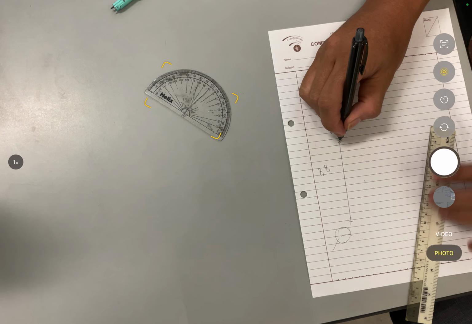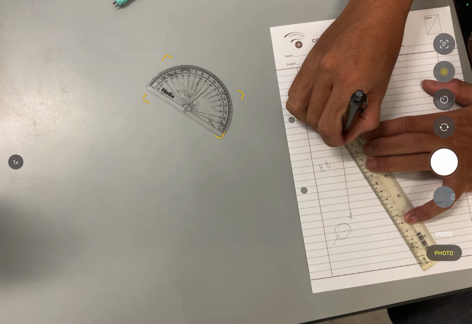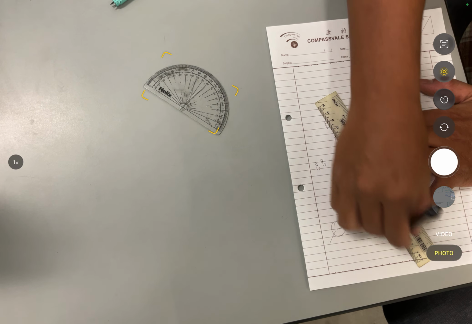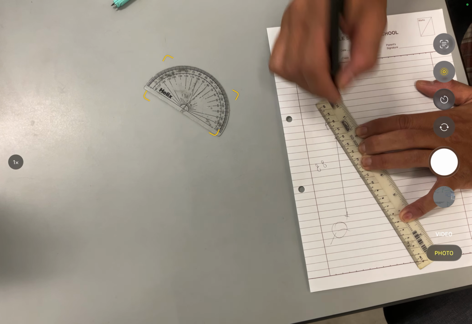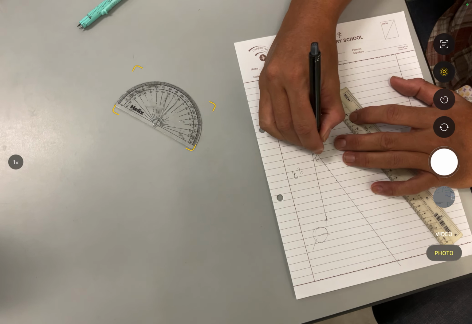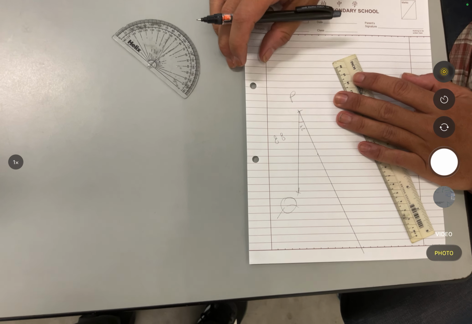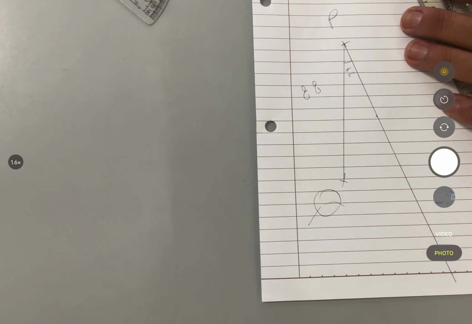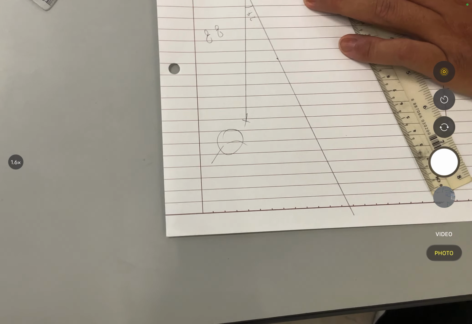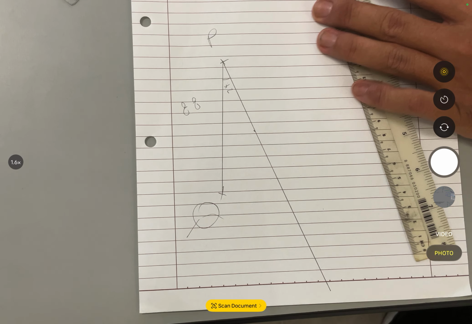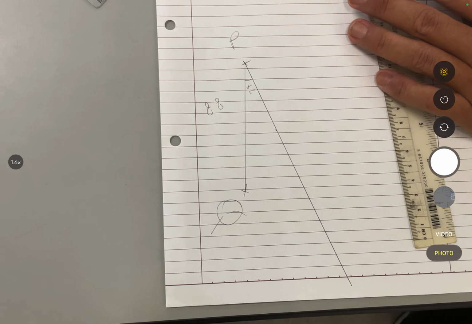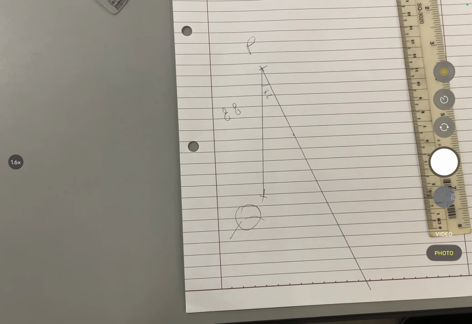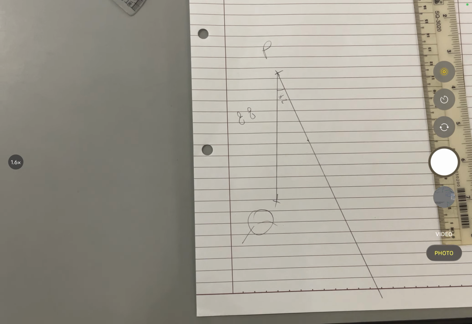If I draw a straight line, these are all the possible places of R, because here is 24. Follow so far? Then the last piece of information, Q to R is 4.3.